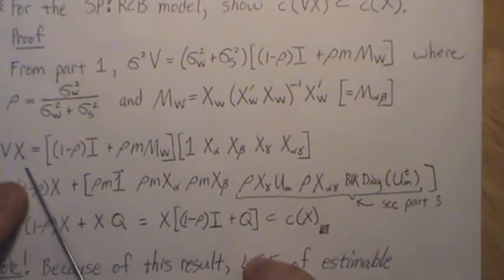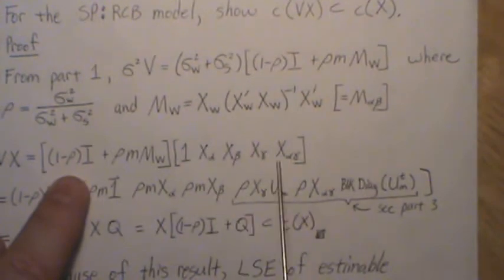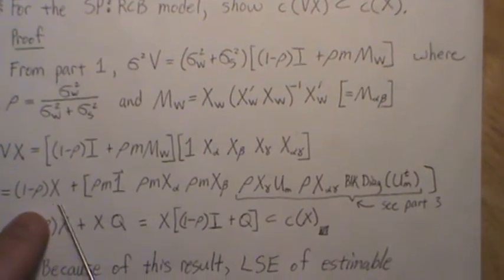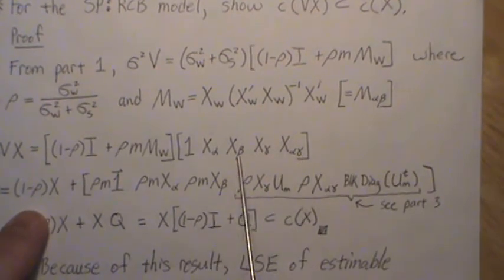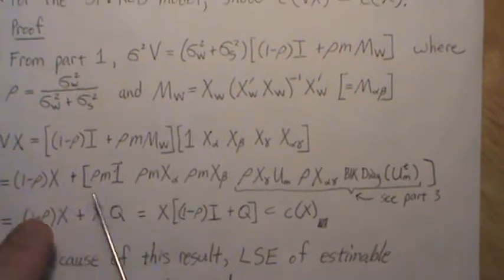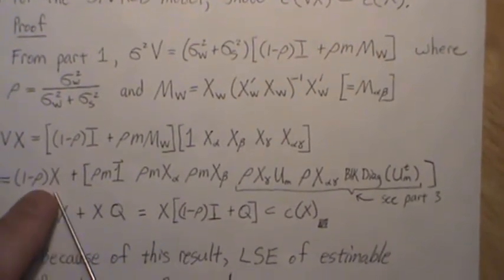So if we look at Vx, so this is V and this was X. So if you take X times I, you get X back. Now I didn't expand the columns here, but it's that. So really the tricky part, and this is clearly within the column space of X, right? It's just a multiple times it.